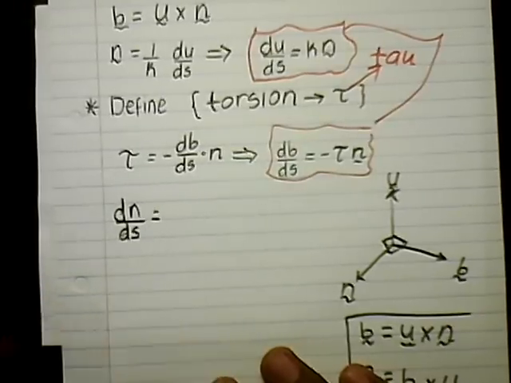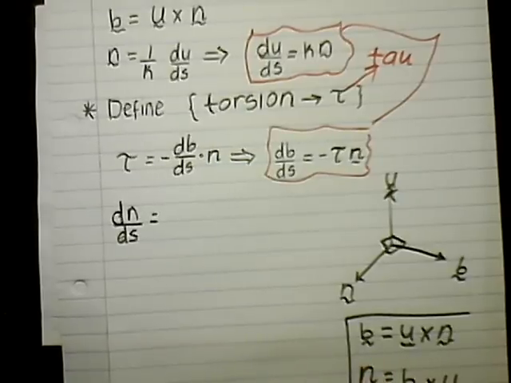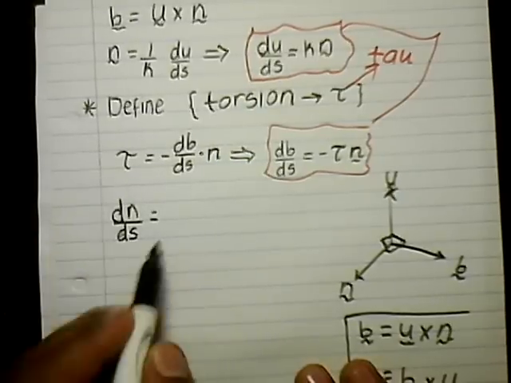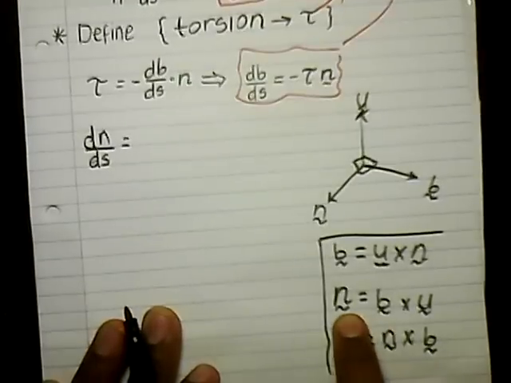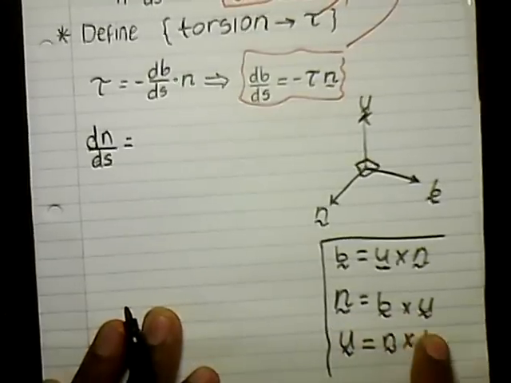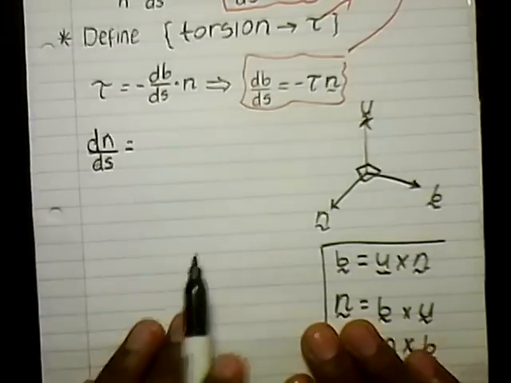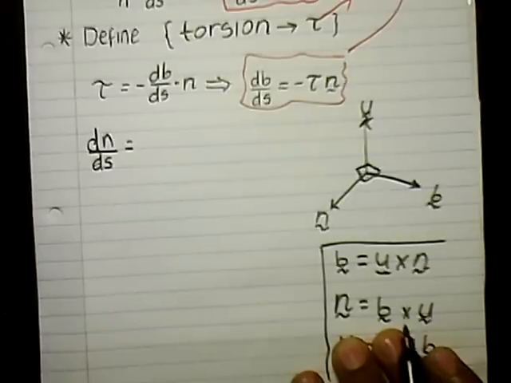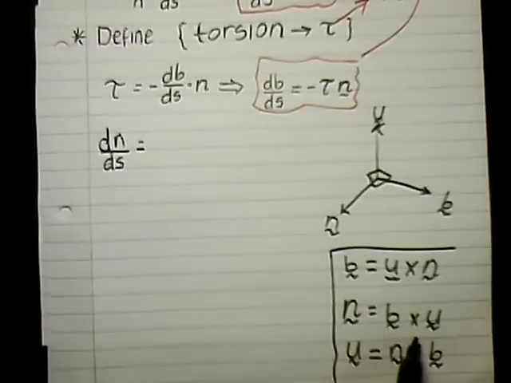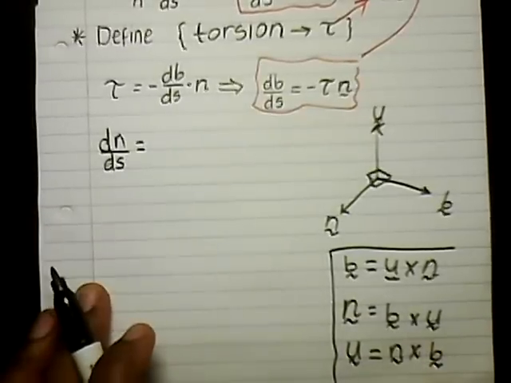So we know that, let me write first, from here we see that n is equal to b cross u. So the n ds is a vector differentiation, so we're going to use the product rule on these vectors, taking note that we are taking a cross product, meaning that we must not mess with our order.